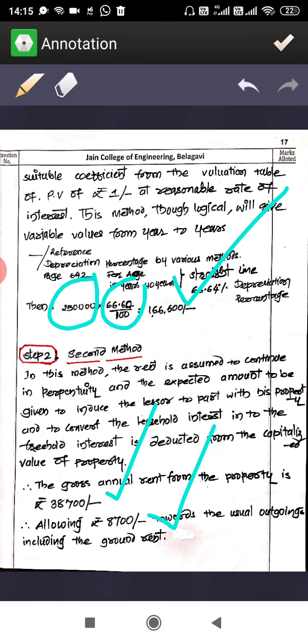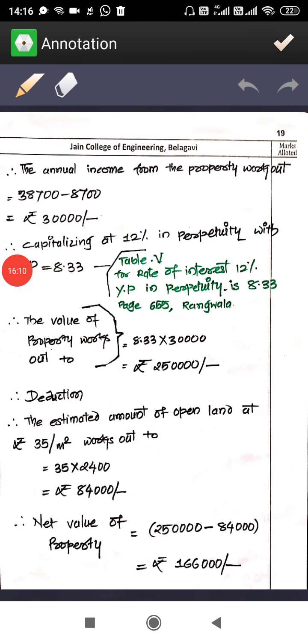Then I'll be getting the annual income from the property as 30,000. For this, the capitalized percentage is 12 in perpetuity, with the year of purchase 8.33.